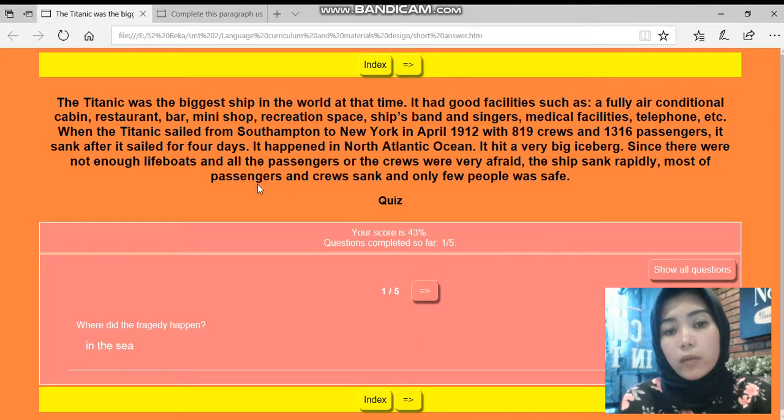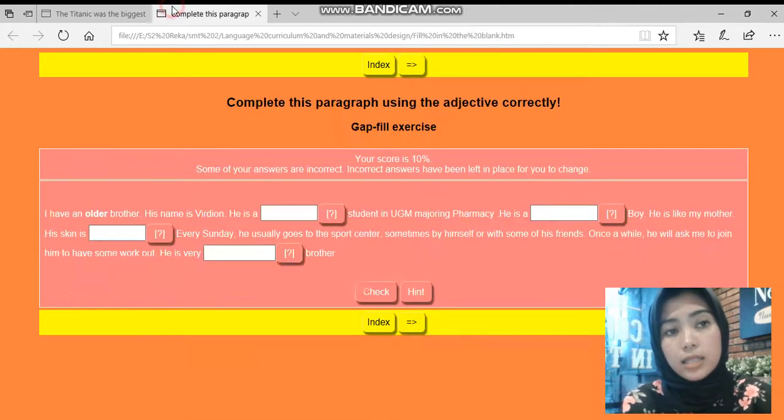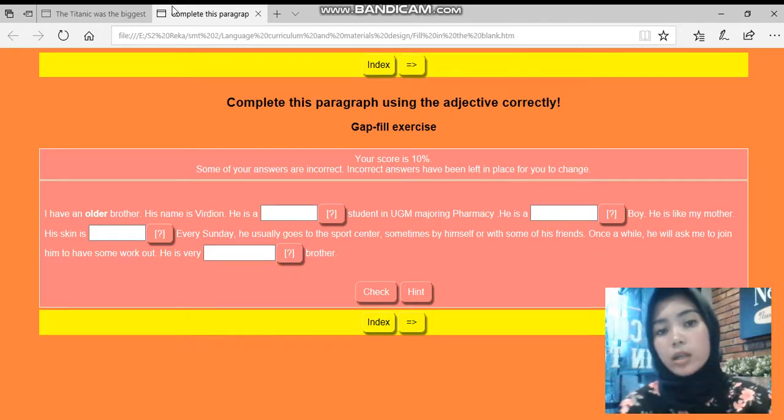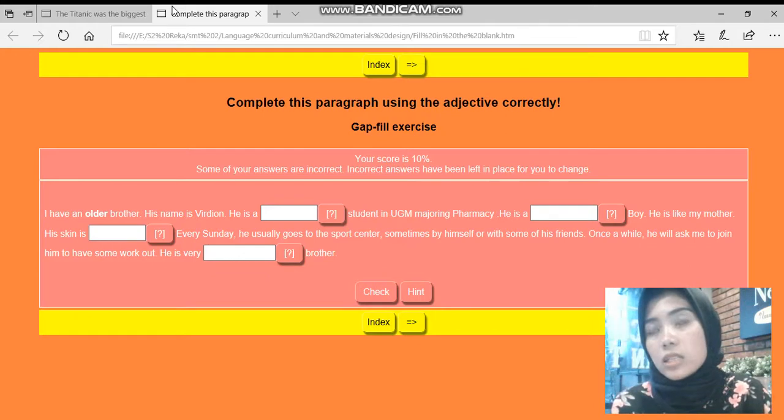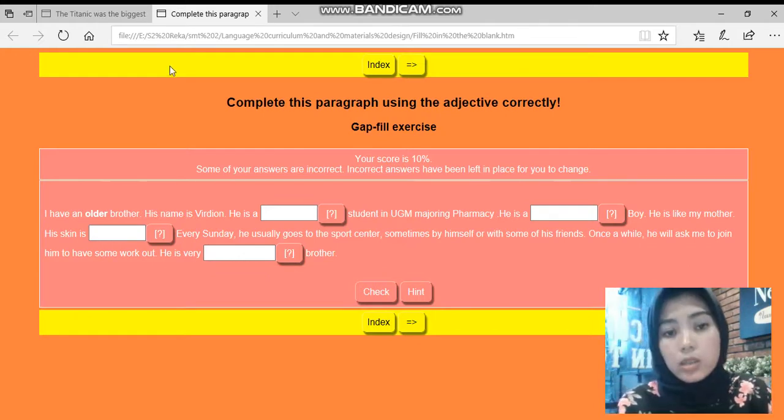And the second type is fill in the blank exercise. So here we use a text describing a person. Here there are 5 words. Ada 5 kata yang hilang. So the teacher will ask the student to fill in the blank.